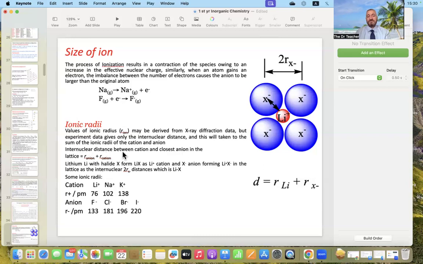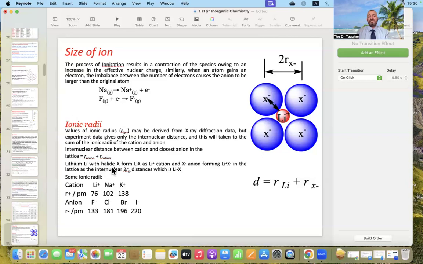The internuclear distance between a cation and the closest anion in the lattice is r+ plus r-. So we combine them together: the radius of the anion plus the radius of the cation.